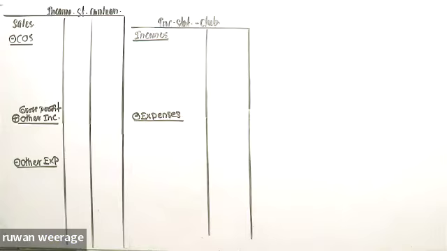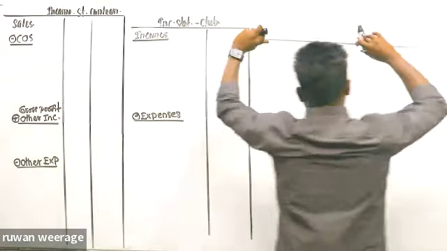Right, draw the format, and the member fee account. This has to be prepared all at once.